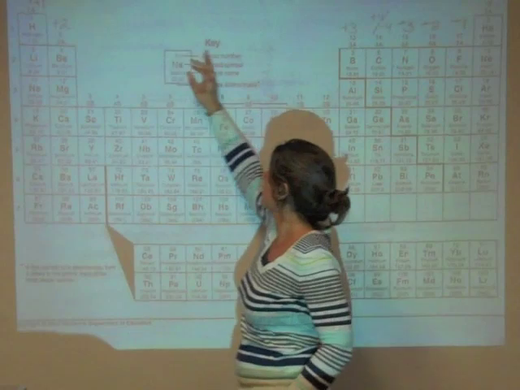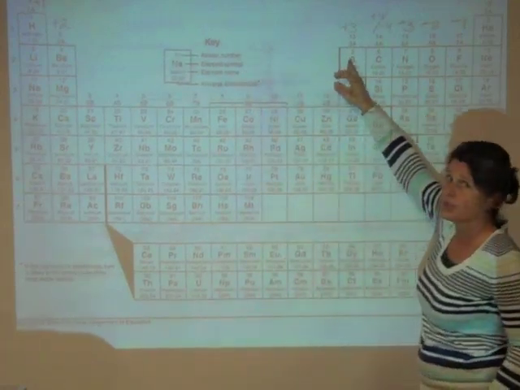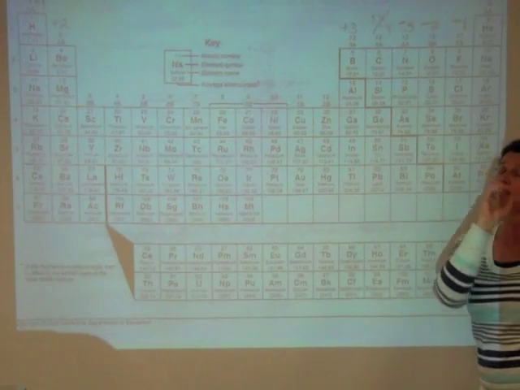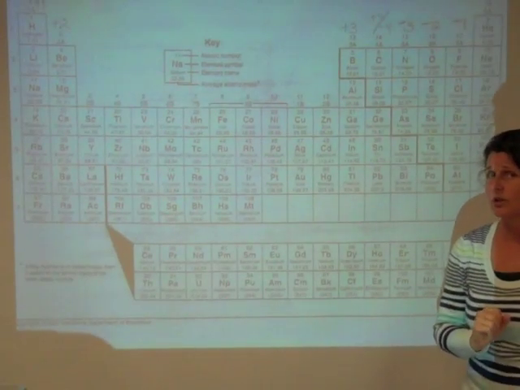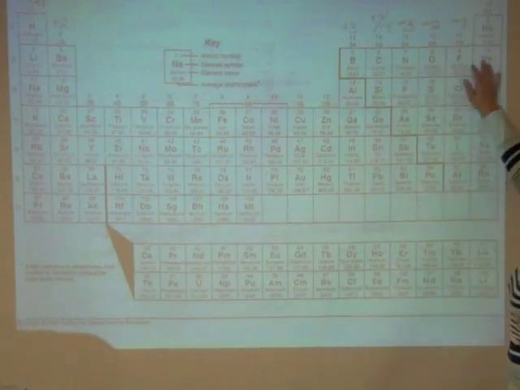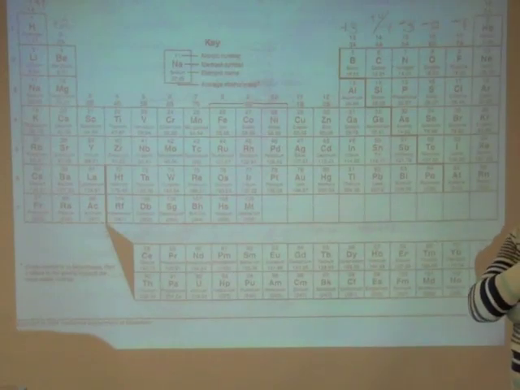And as we move across, ionization energy gets greater and greater because effective nuclear charge gets greater and greater as we move across. So of course the noble gases are going to be the most difficult to remove an electron from.